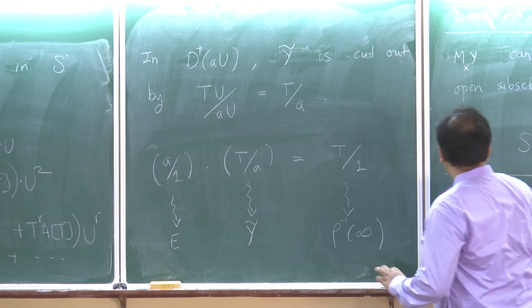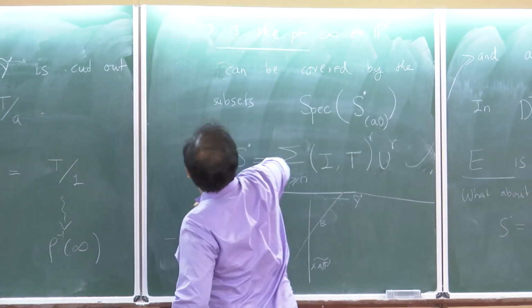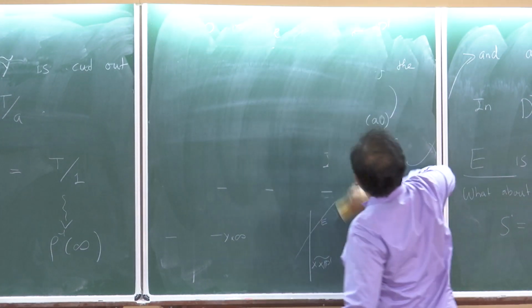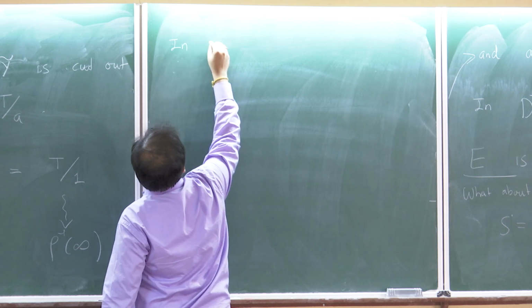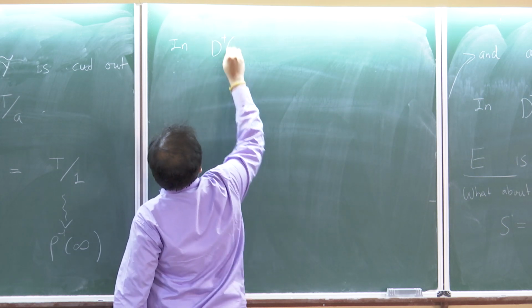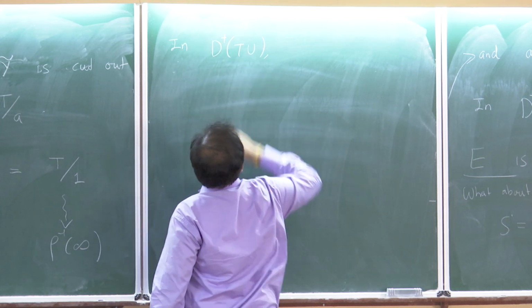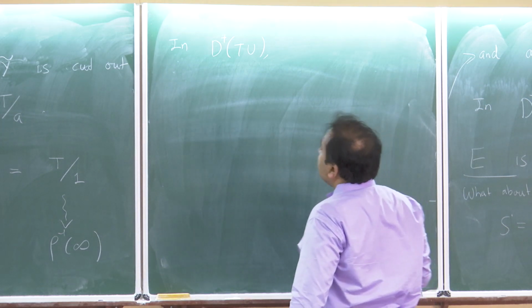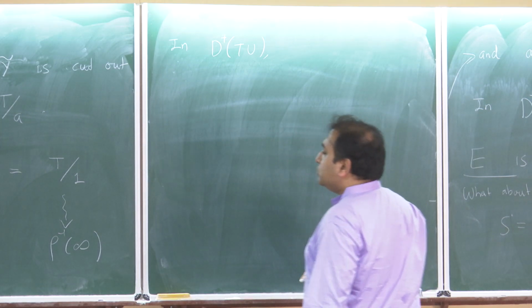Now we still have to deal with one more patch, which is where T is not equal to 0. So in D plus of T U, actually one can check that. So what happens?